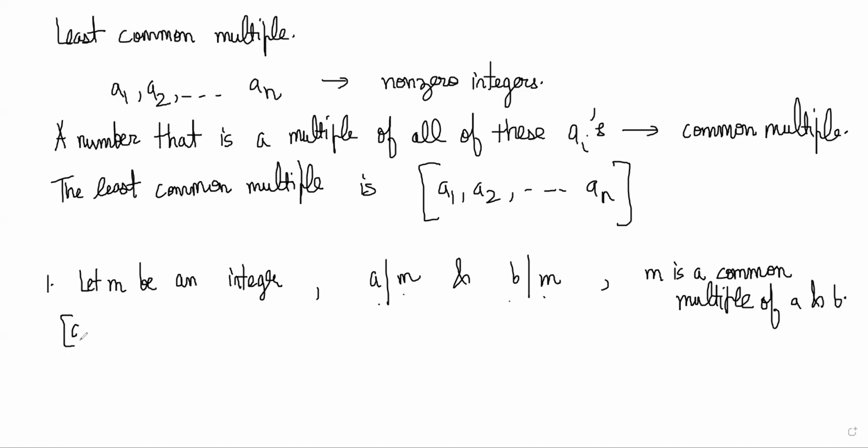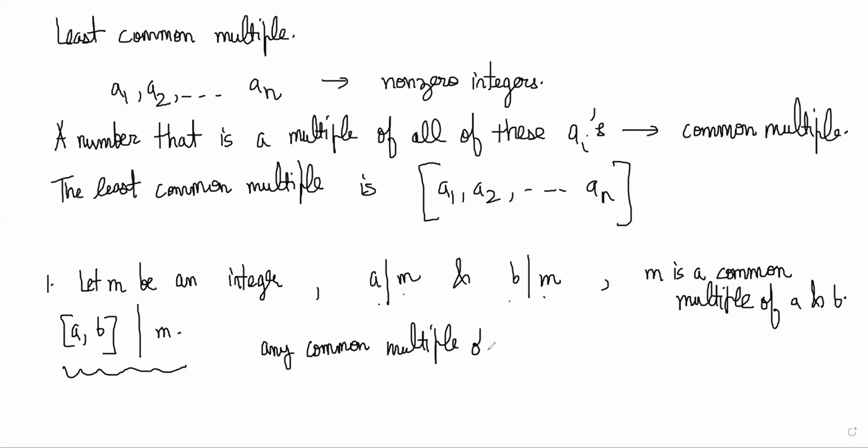The least common multiple is square brackets A, B. So that will definitely divide M, because what we are saying here is any common multiple of A and B is a multiple of the LCM of A and B. That is the first idea.